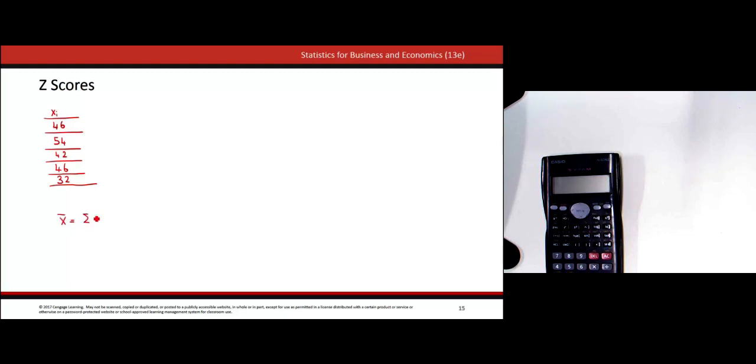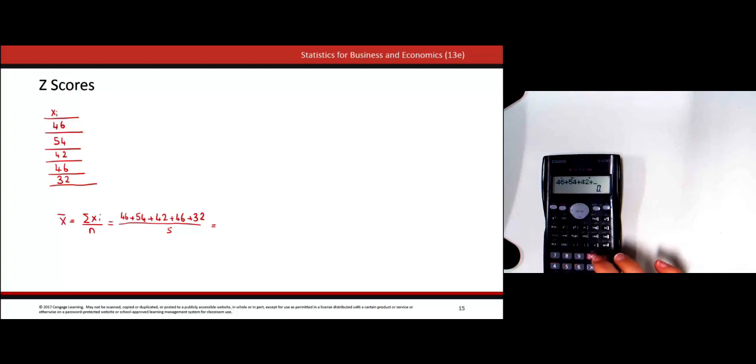The sample mean is 44, and the standard deviation is 8.